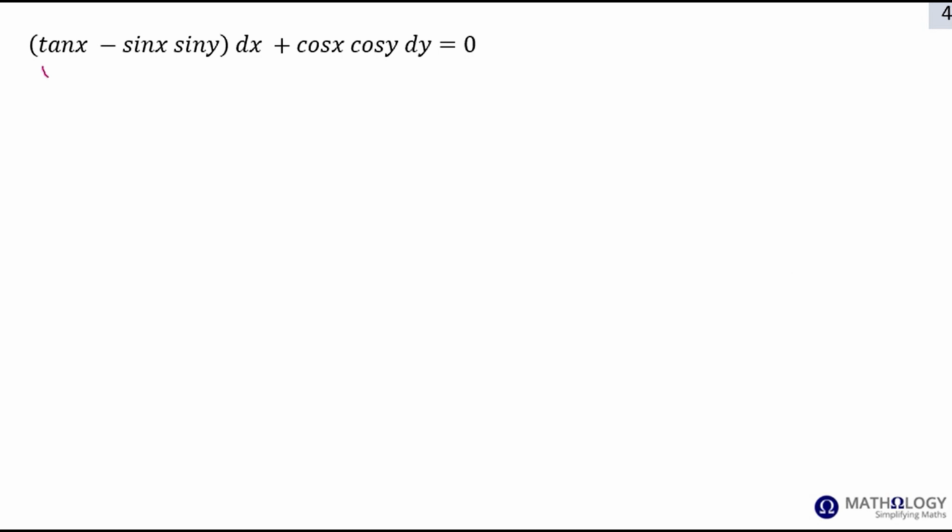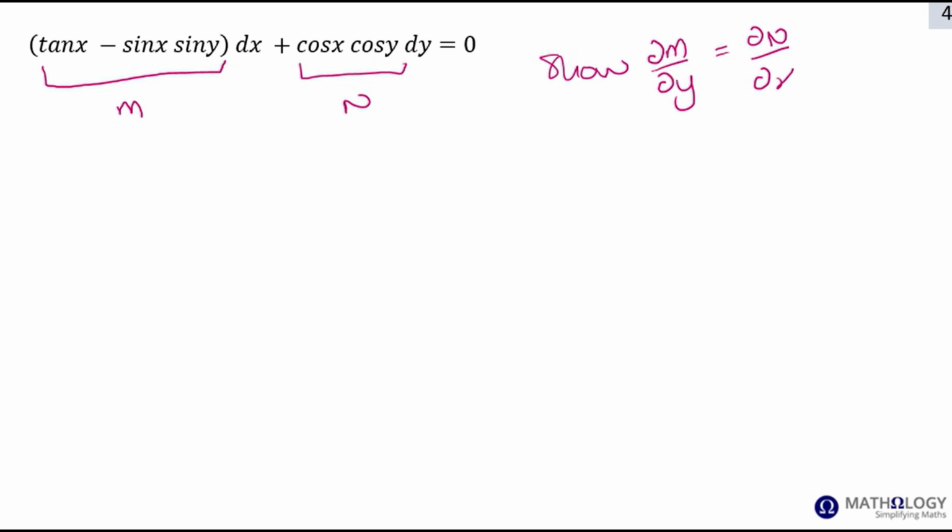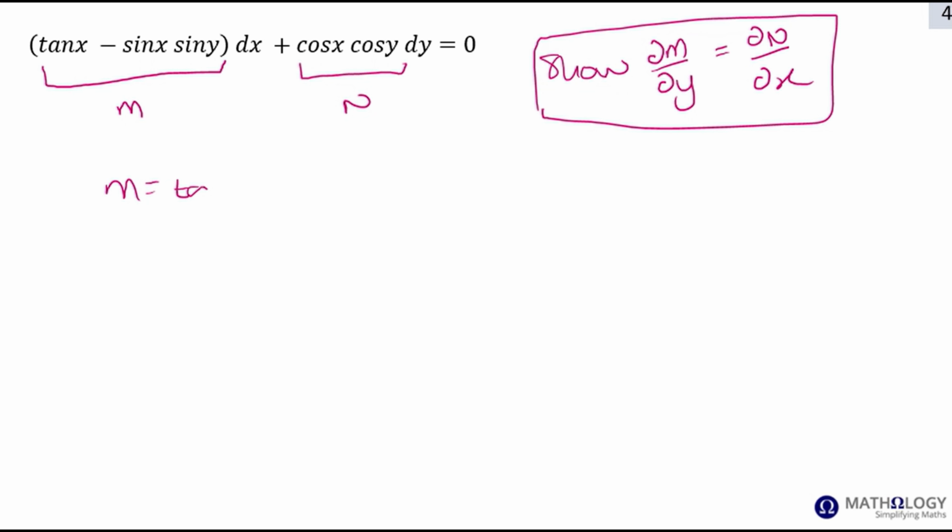Okay, here we have m being tan x minus sin x sin y, and n being cos x cos y. So again, the first thing we need to do is show that the partial of m with respect to y equals the partial of n with respect to x. So m is tan x minus sin x sin y.